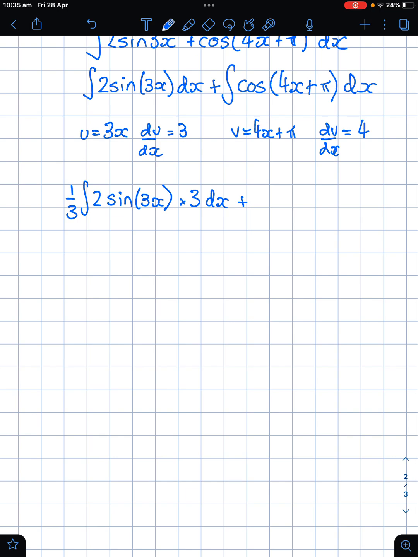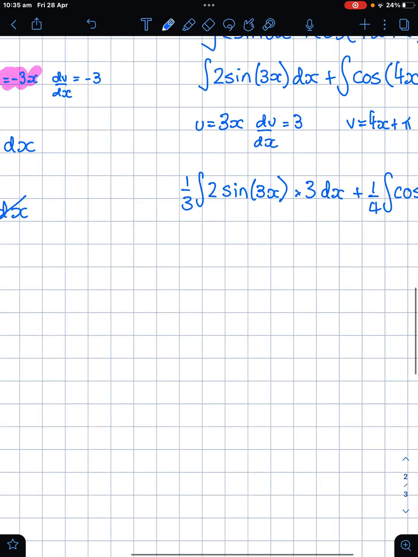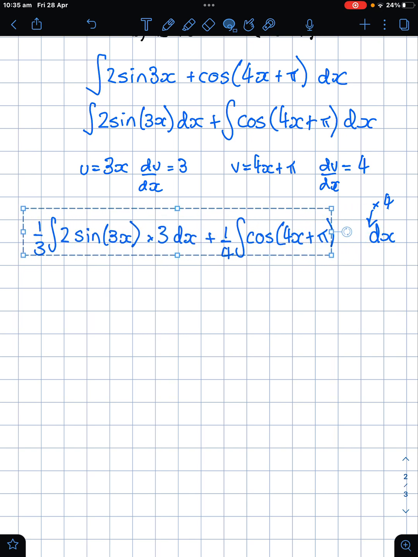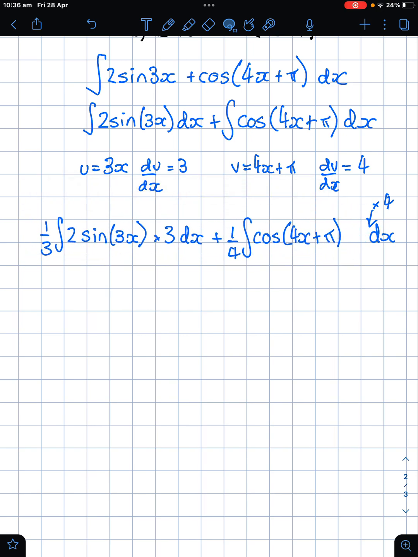So we're going to have 1/4 the integral cosine 4x plus pi dx. And then I need in here a times 4. I'm going to have to shift that a little bit. Okay, so then we've got times 4 in there.